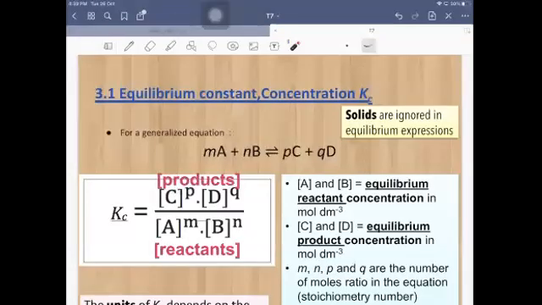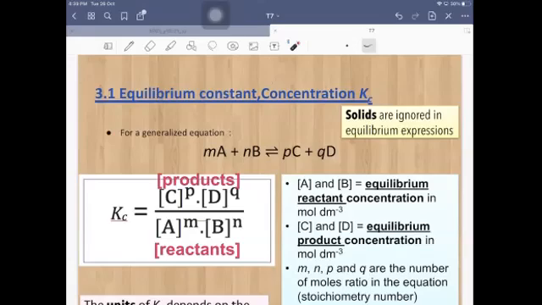Okay, so we're going to look at what this equilibrium constant is. We focus on Kc first, okay? It's not easy to define the equilibrium constant, but I feel it's easier to write down the expression, okay? Just a reminder again that solids are ignored in these equilibrium expressions because solid doesn't have a concentration, right?